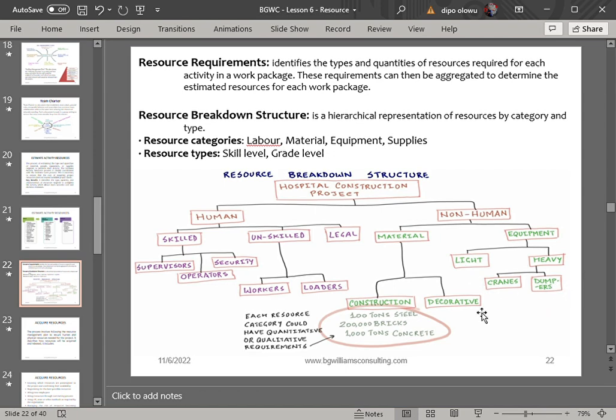So a resource breakdown is that hierarchical representation of all your resources that are needed in your project. In the case of human resources, you see the breakdown. From all the analysis we have done, we will need some skilled resources, unskilled resources, and legal. So you can see all the breakdown.